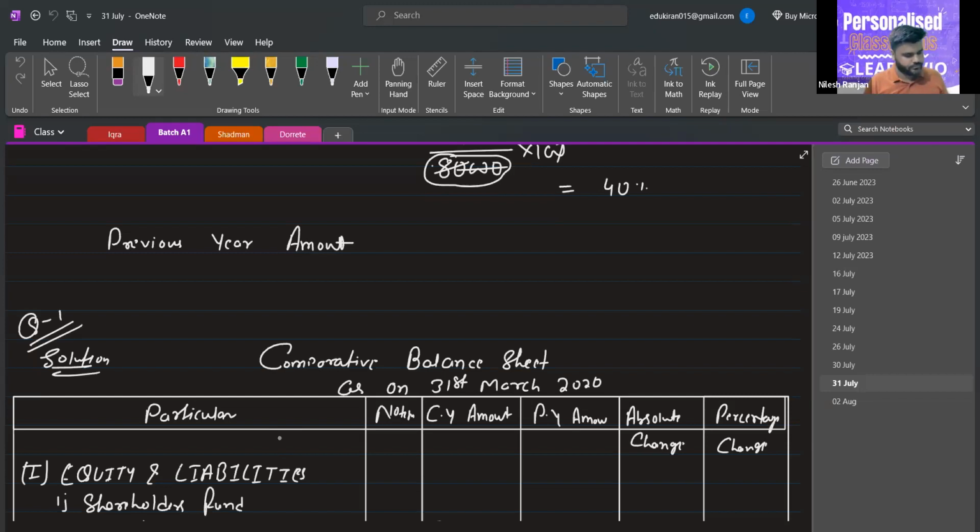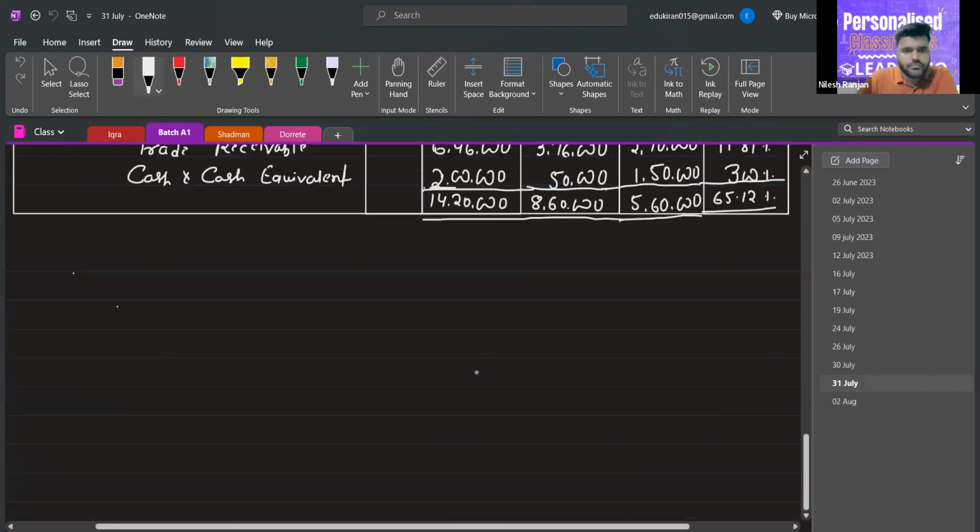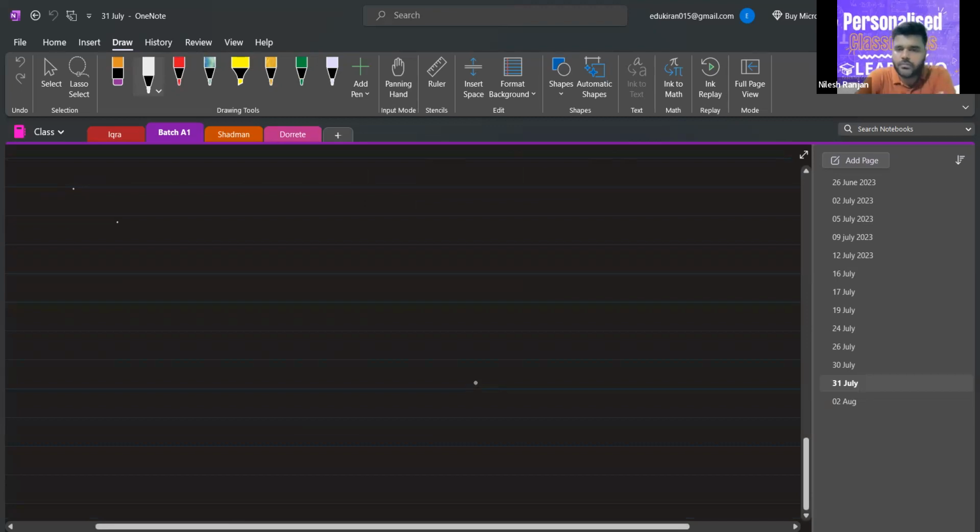So, to see the effect on an individual item. Impact on an individual item? Like what impact? Not clear.